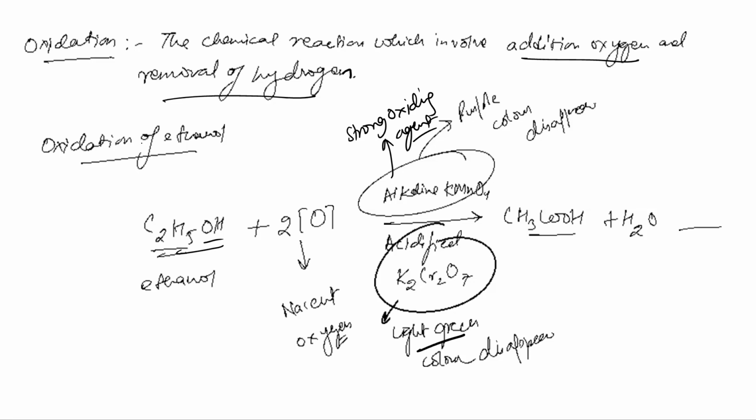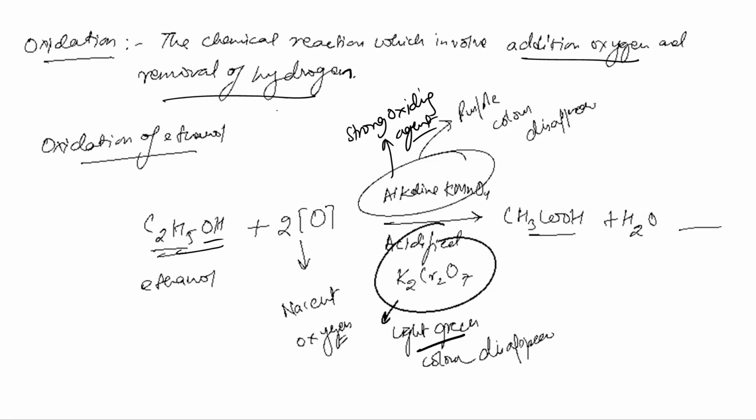But in oxidation, the addition of oxygen or removal of hydrogen takes place and a new substance is formed, and there is no combustion, no flame. So what is oxidation? It is the chemical reaction which involves addition of oxygen or removal of hydrogen.